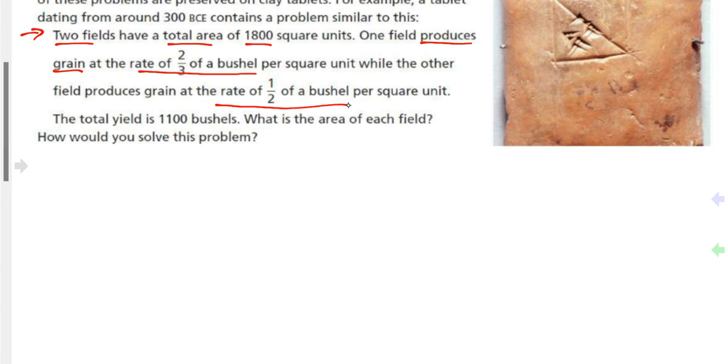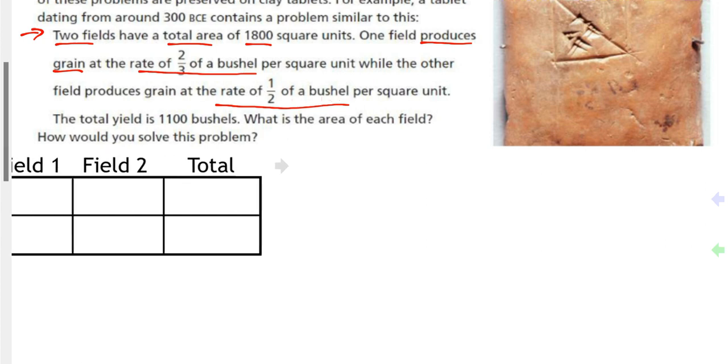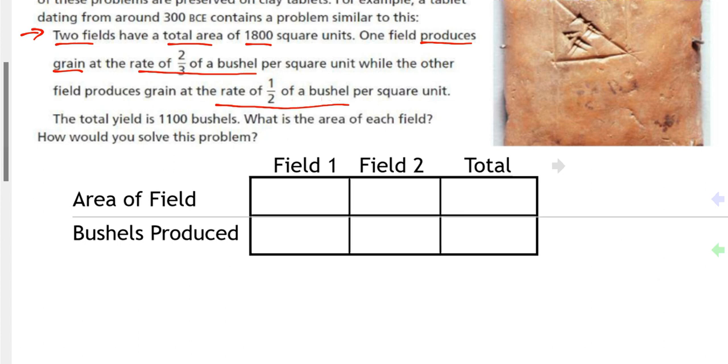So we're given two types of information here. We're given information about total area, and we're given information about how many bushels each area is going to produce. So here's what I did for creating the equations. Those two types of information are going to lead us to two linear equations.